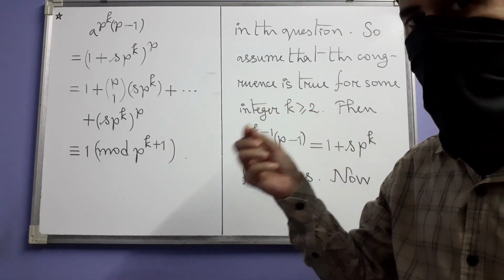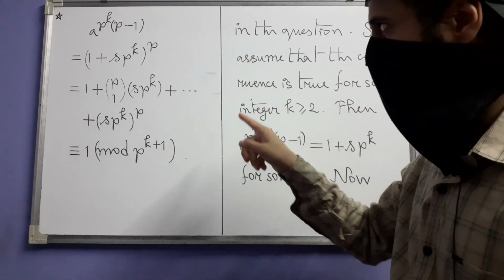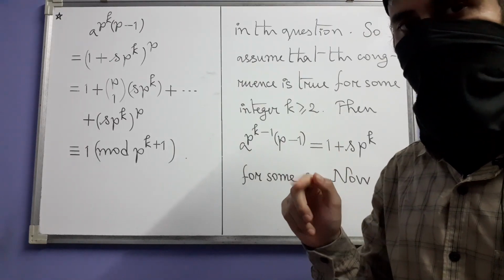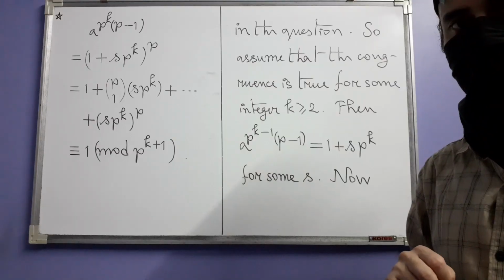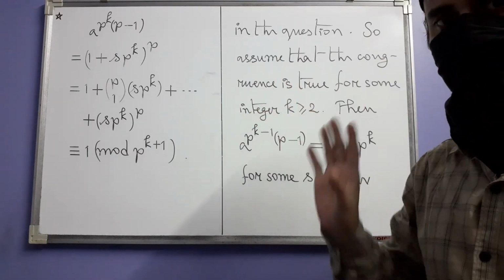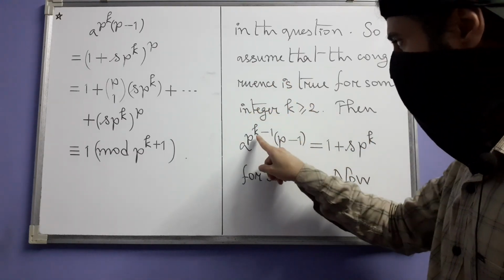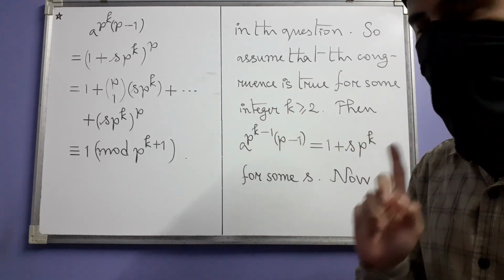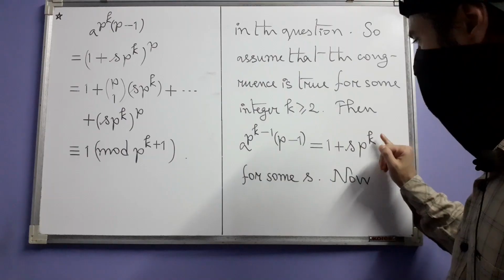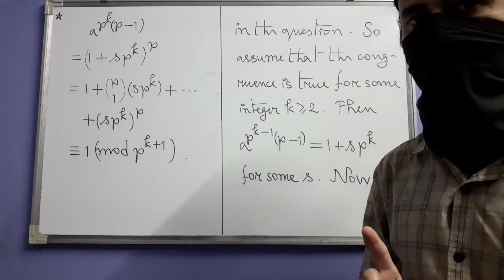Just like there p turned into p square, so here p to the power k turns into p to the power k plus 1. But then you have got the congruence, that means the one we want to prove, but where here you have k in place of k minus 1, or in other words, in place of k here you have k plus 1, same thing.